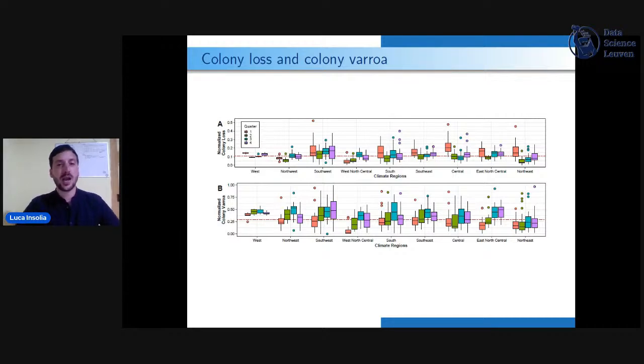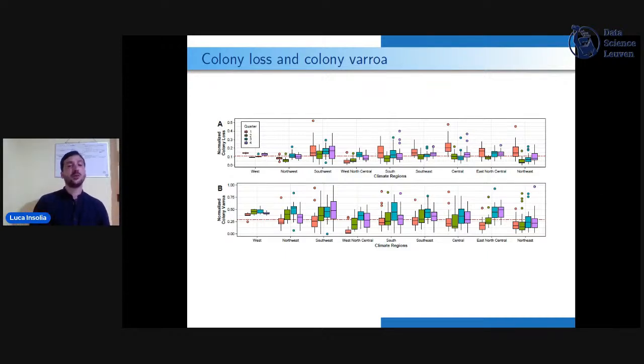This is also in line with existing studies which link overwintering with honeybee loss. We can also see that some climatic regions, such as West North Central, deviate from this pattern. I will talk a bit more about this in a minute.